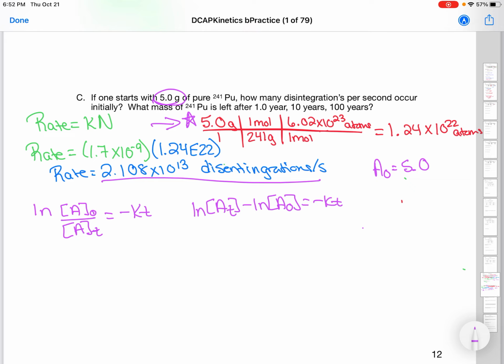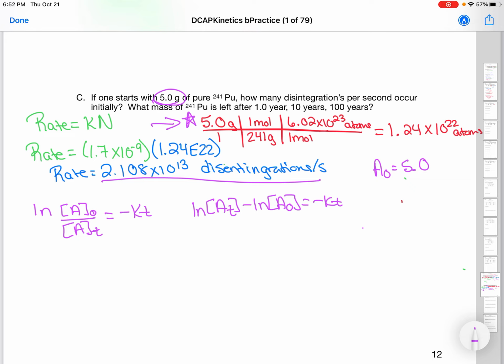All right, new part. Because the other half of the problem says what mass of plutonium-241 is left after 1 year, 10 years, and 100 years. So now I'm going to go back to my equation. Natural log A naught over A T equals negative K T. And if you look at my notes, I kind of goofed on that and put A naught on top, A naught on bottom. But it's corrected here.